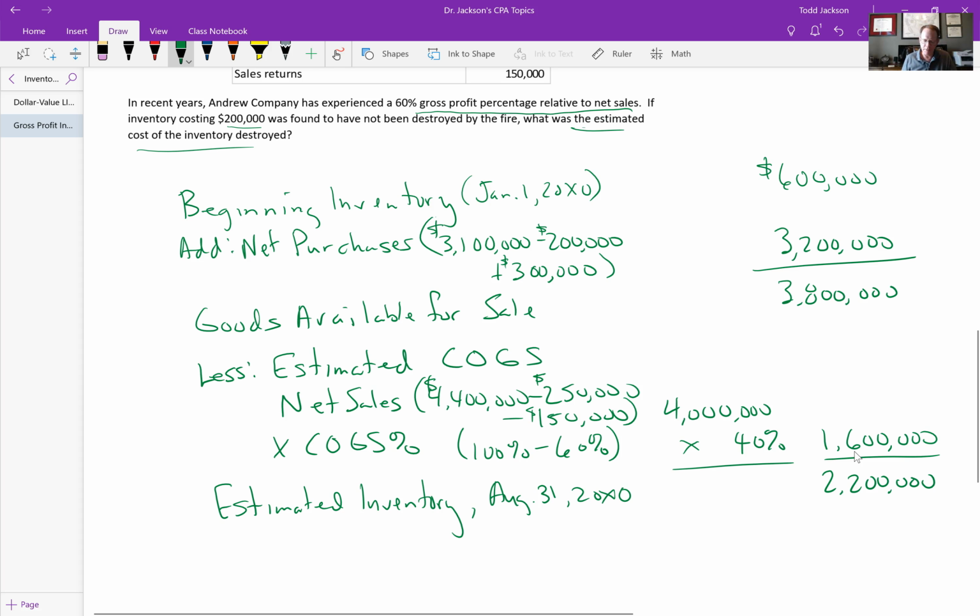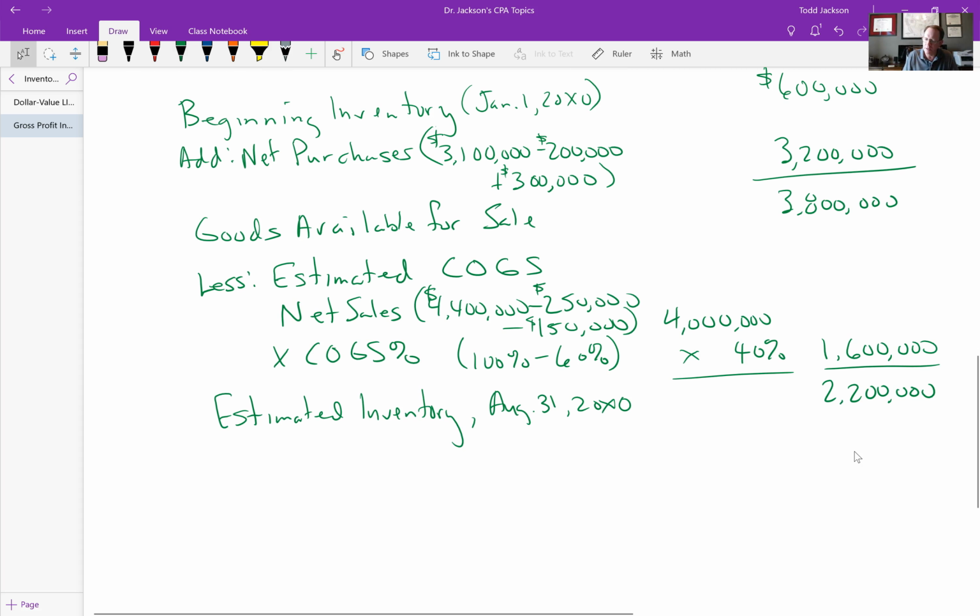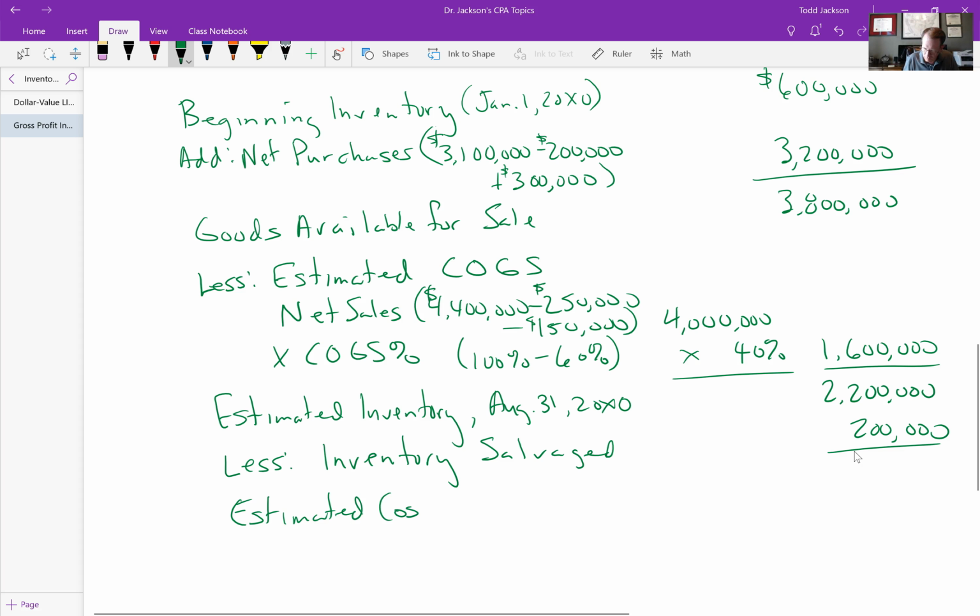Well, we are told that $200,000 was not destroyed, so we'll just have to subtract the inventory that was not destroyed, or we could say the inventory salvaged, to get the estimated cost of inventory destroyed, as $2 million.